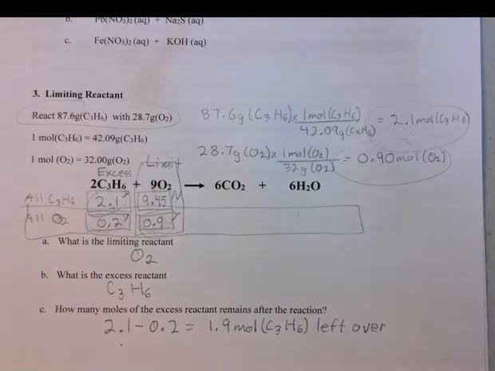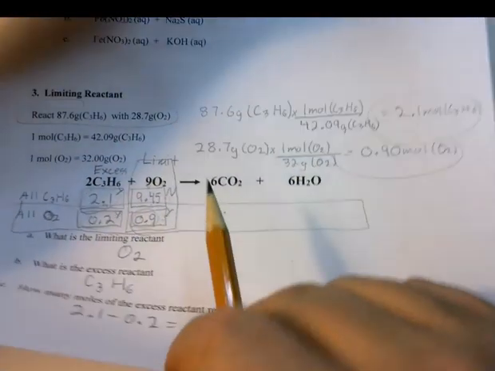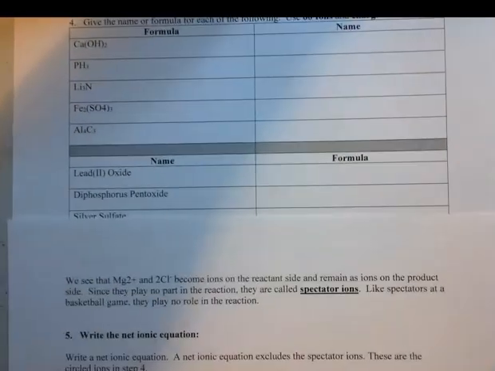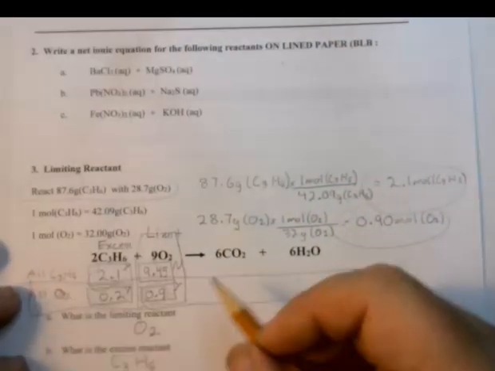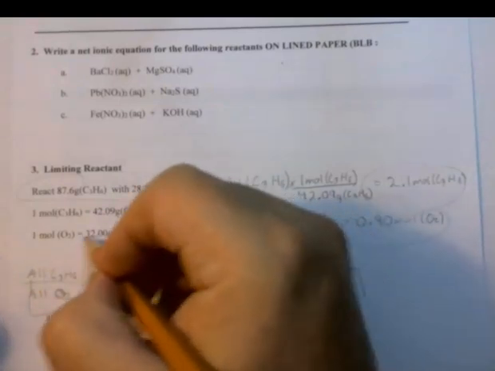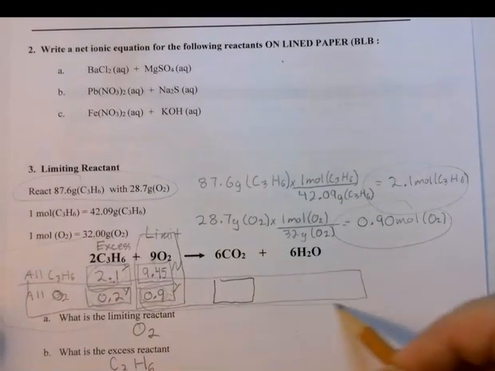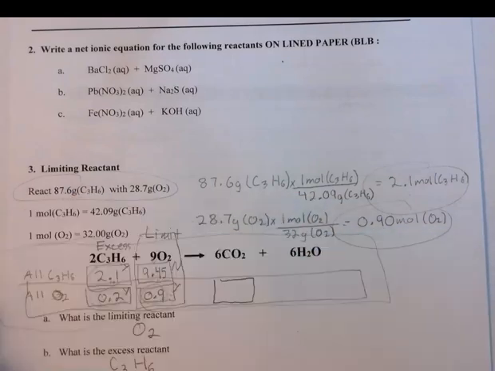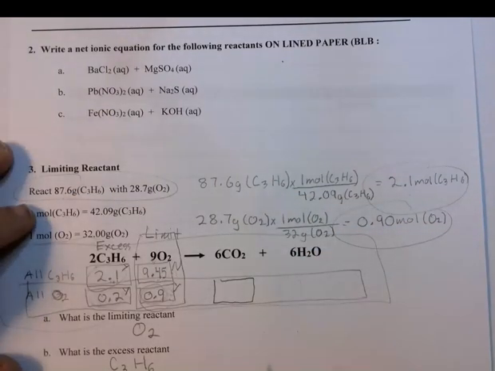Okay, not too hard. All right, now what's the next question going to be? It's on the next page. How many moles of CO2 are produced? So what we want to know is moles of CO2. This is the chemical reaction world. It's all in moles. So we have 6 moles of CO2 for every 9 moles of O2.